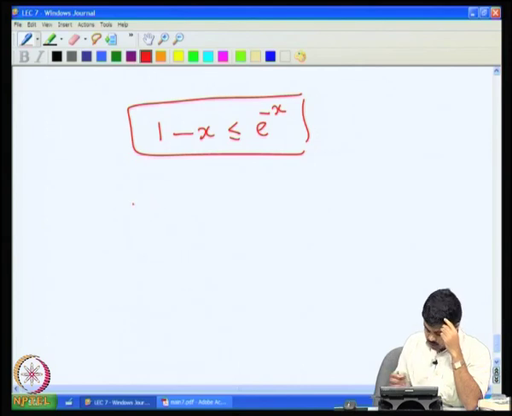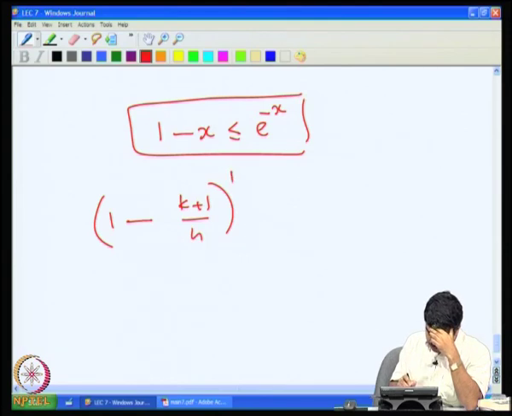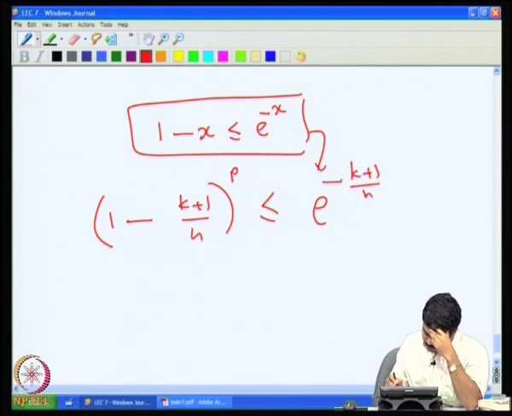So what I want is (1 minus (k plus 1) by n) to the power p to be less than something. By using this inequality I can write this is less than e to the power minus (k plus 1) by n into p.